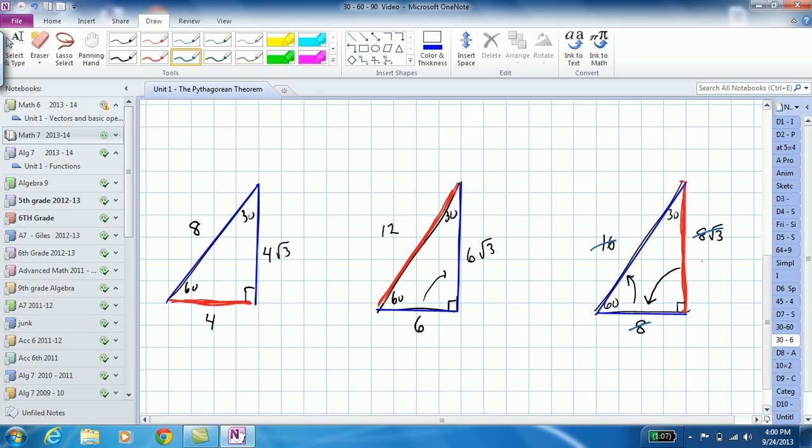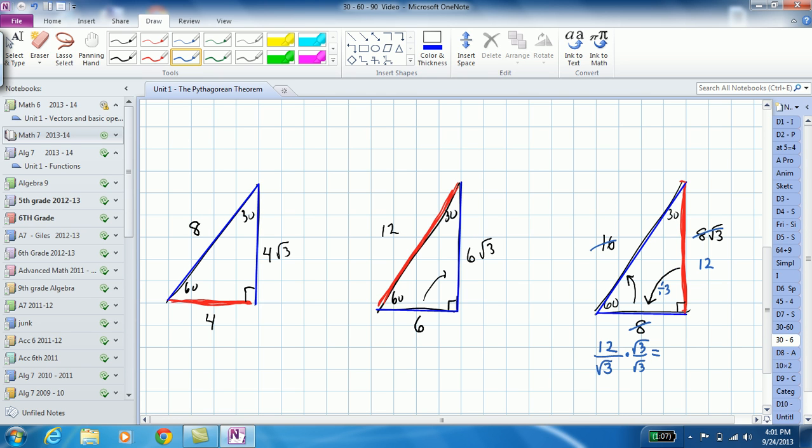Suppose the long leg is 12. If this number is 12, we want to divide by root 3 to get the short leg. So we're going to take 12 and divide it by root 3. Now we've done work with radicals and we don't want radicals in the denominator, so we're going to multiply by root 3 over root 3, which is just a form of 1.